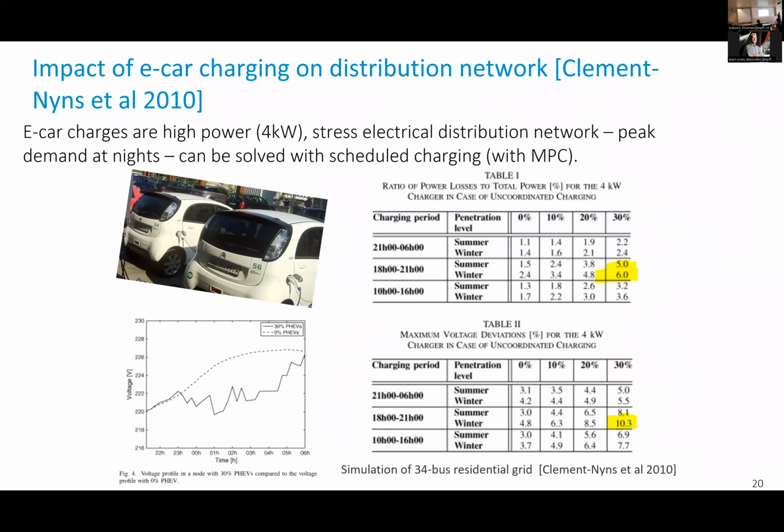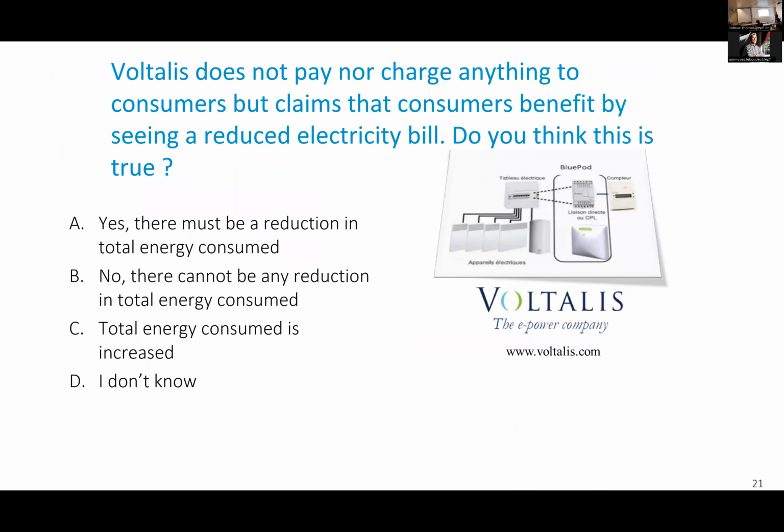You can control them if you receive a signal from the grid. That's an example. And that's the idea, is to do this exactly so that you can, instead of doing that type of charging, you perhaps postpone the charging. So that's an obvious candidate for demand response that will take place in the future. So the car chargers that we have today are able to do this, and operators will do that.